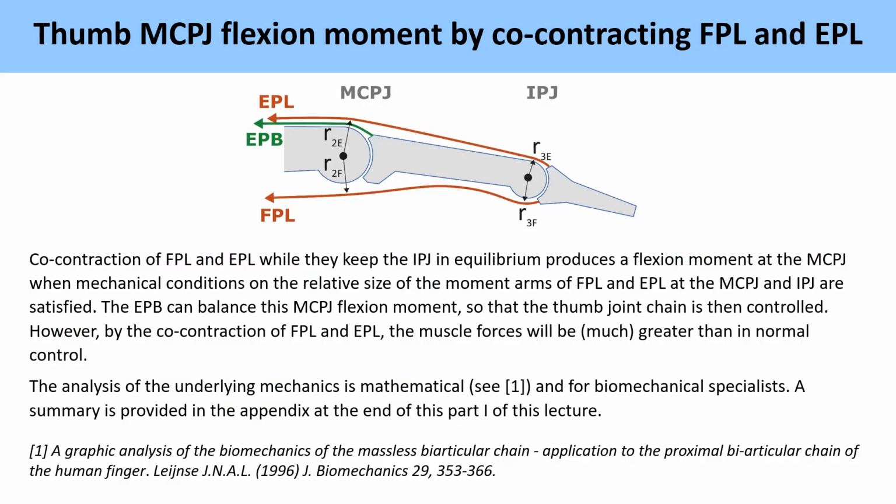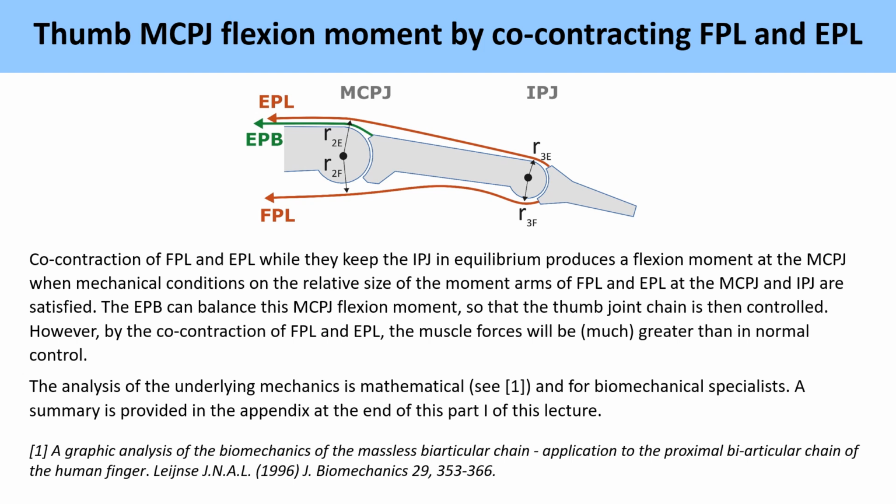Thumb MCP joint flexion moment by co-contracting flexor pollicis longus and extensor pollicis longus. Co-contraction of FPL and EPL, while they keep the IP joint in equilibrium, produces a flexion moment at the MCP joint when mechanical conditions on the relative size of the moment arms of FPL and EPL at the MCP and IP joints are satisfied.